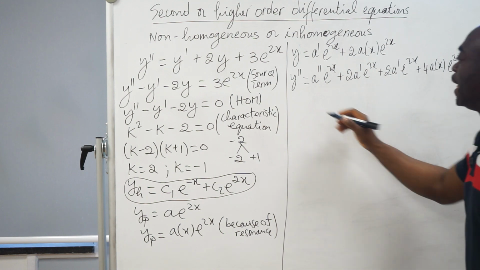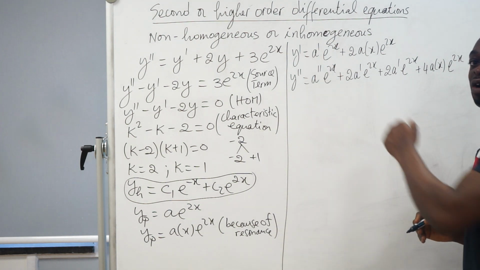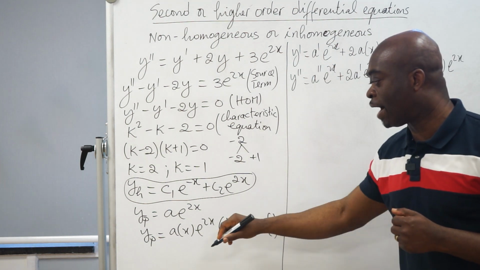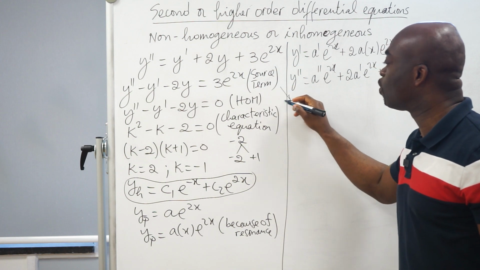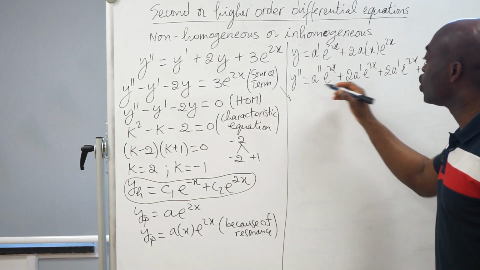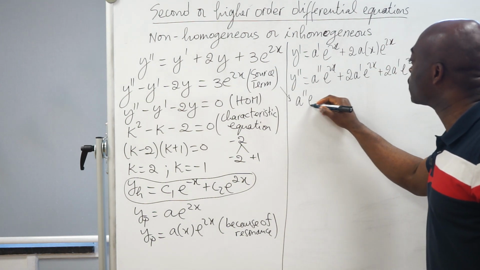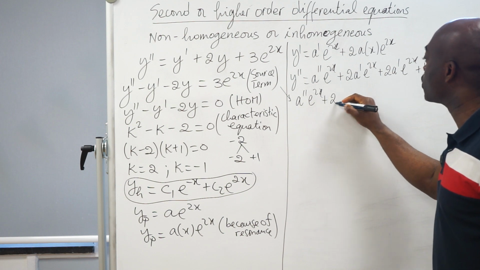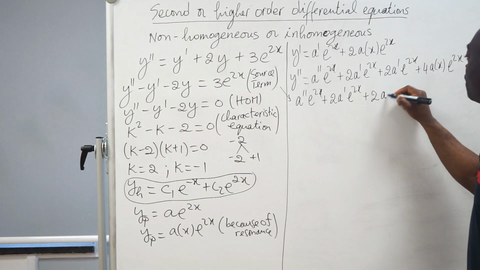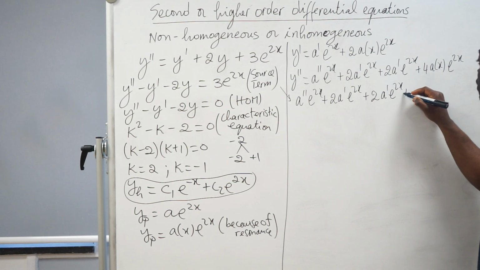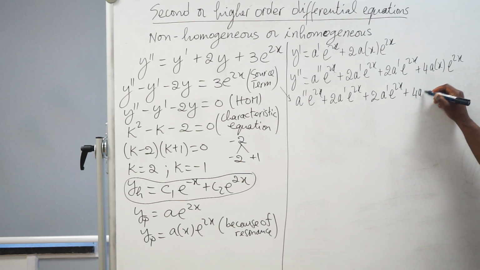Are we good? Now we have our y prime, our y double prime, and our y. So what do we have to do? We get back into this equation and substitute in there. So we have a double prime exponential 2x plus 2a prime exponential 2x plus 2a prime exponential 2x. I'm just rewriting this one here.